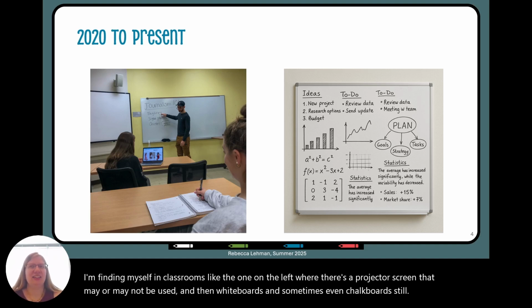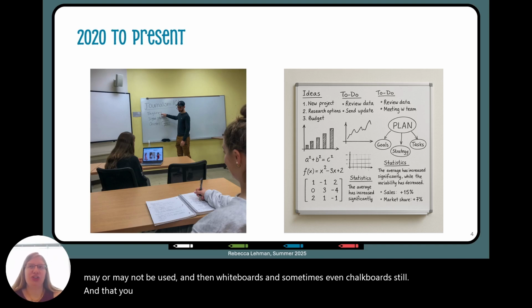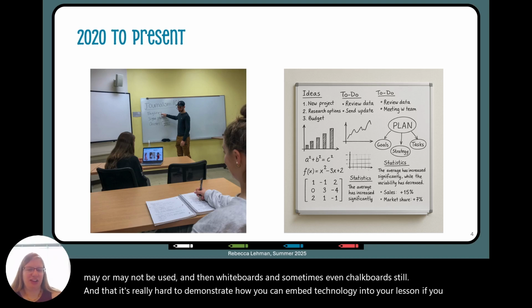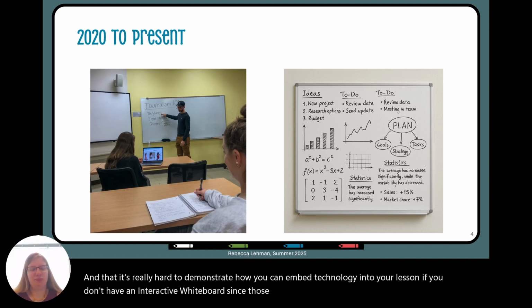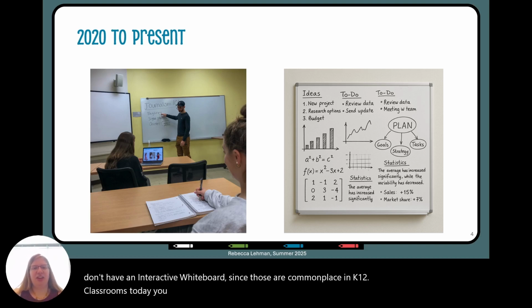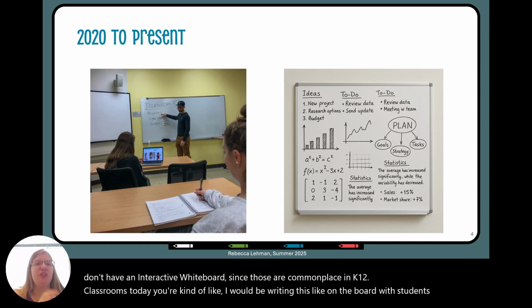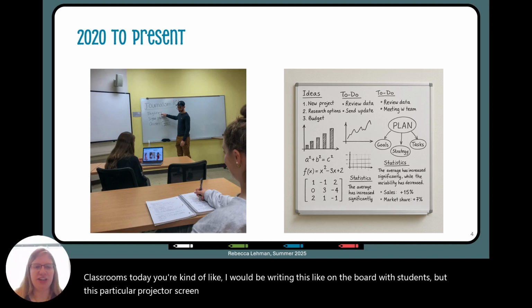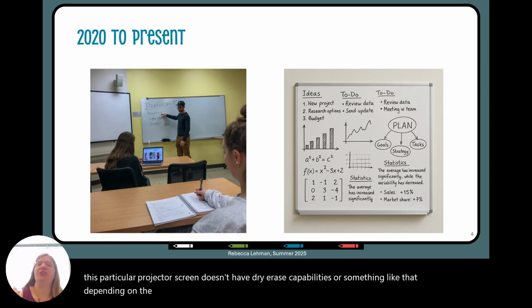And it's really hard to demonstrate how you can embed technology into your lesson if you don't have an interactive whiteboard, since those are commonplace in K-12 classrooms today. I would be writing this on the board with students, but this particular projector screen doesn't have dry erase capabilities or something like that, depending on the classroom that you find yourself in.